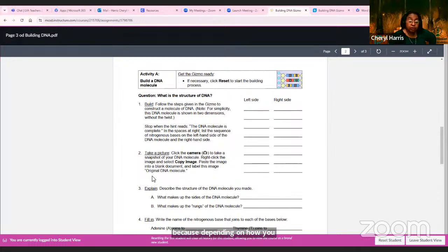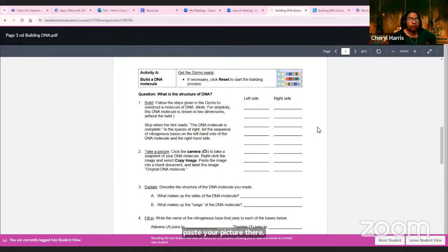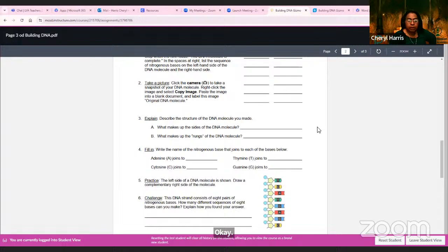I saw some folks in the other class were able to squeeze that picture in and shift the text and put it right up underneath number 2. But if you can't do that, create an extra page at the end and paste your picture there. Okay. All right. So once you've done that, go ahead and answer questions 3, 4, and 5.